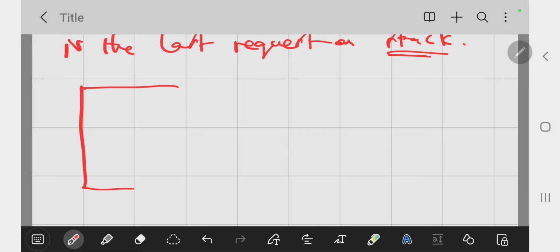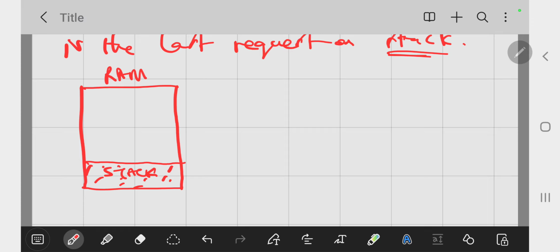Picture this is the RAM. So basically, stack is a region of memory inside of the RAM. That's all. That's what stack is. It's a region of memory inside of the RAM.